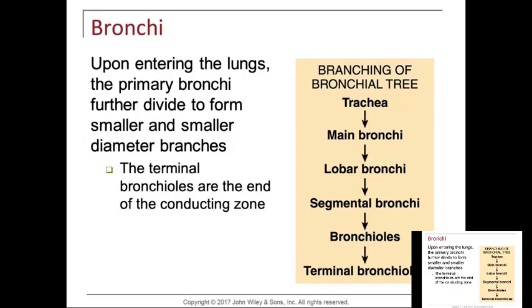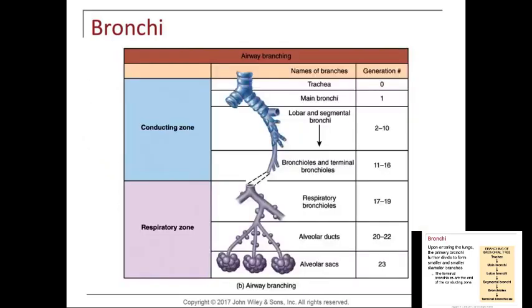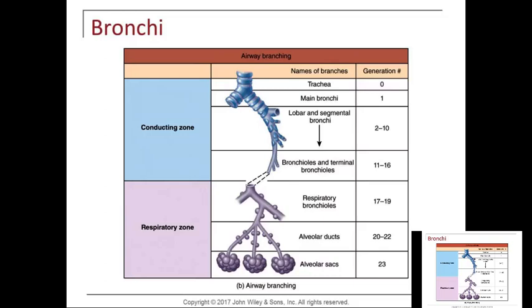The terminal bronchioles are at the end of the conducting zone. So after the conducting zone, remember, is the respiratory bronchioles. We have the respiratory zone in there. So again, you got the trachea, the main bronchi, the lobar, and then you got the terminal bronchioles.